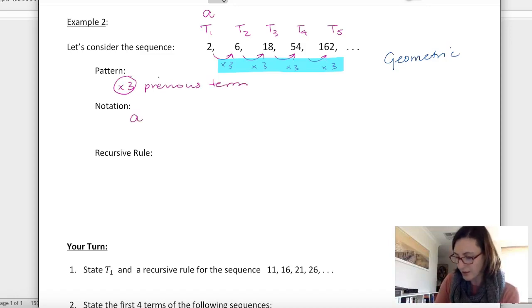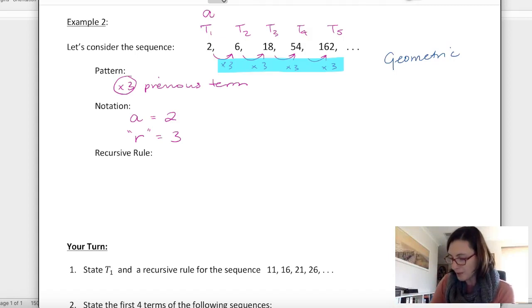So I'm going to call my term 1 or my A 2, but this time I don't have D, a difference pattern. I could probably call this a multiplying factor or a common ratio. So let's use R as the value that we're multiplying by, and it's getting large, so it's going to be above 1. So how do I write now a recursive rule?